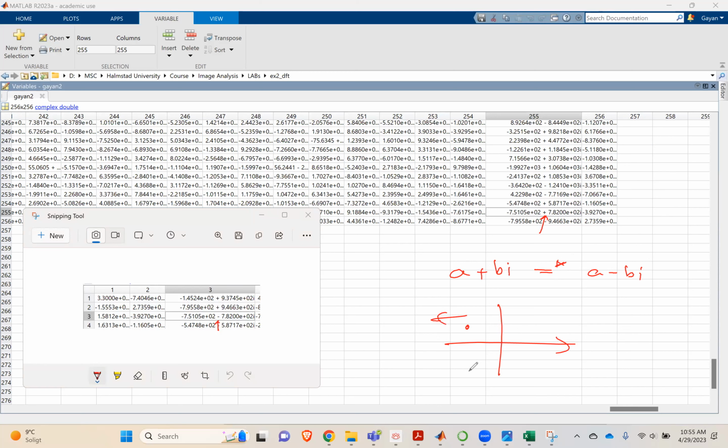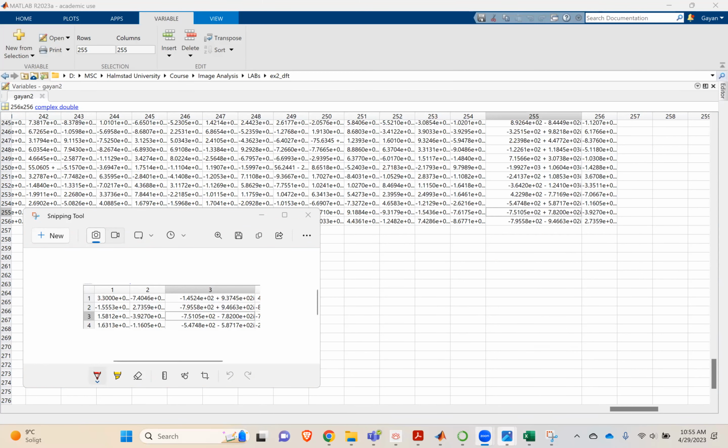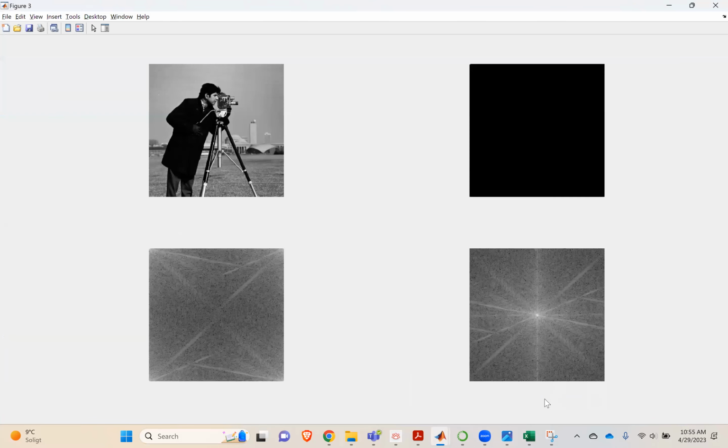If your number is in here, it gets a symmetrical one on the other side. But if it is plus a, it is minus a. In here it is symmetrical, but the complex part got the conjugate, upside down. Okay. So that's the thing.